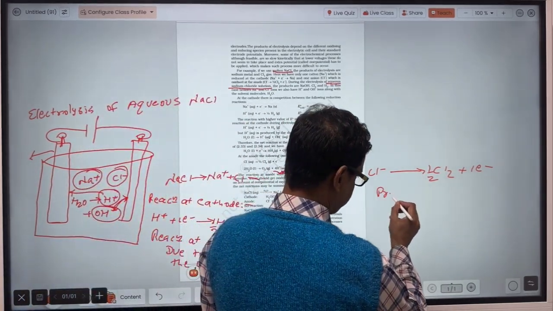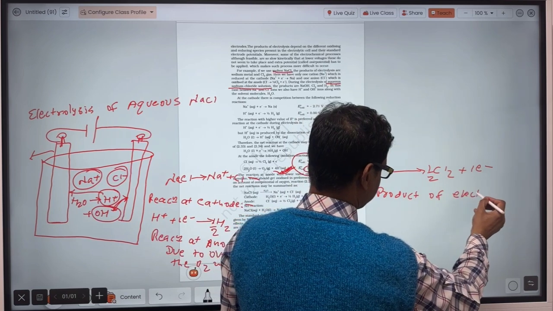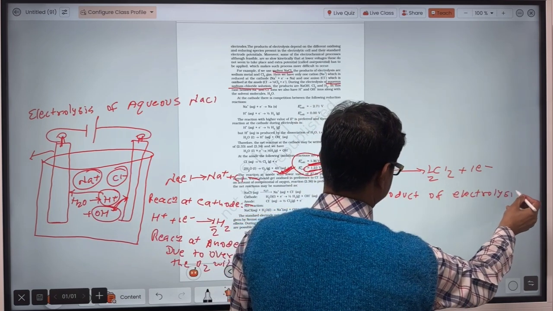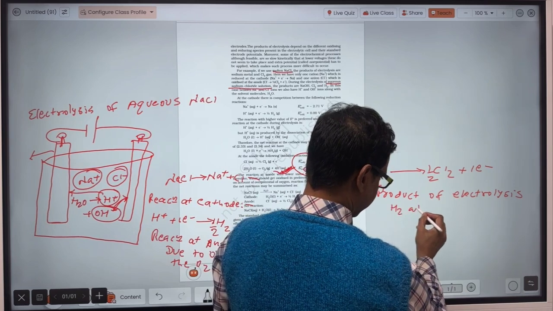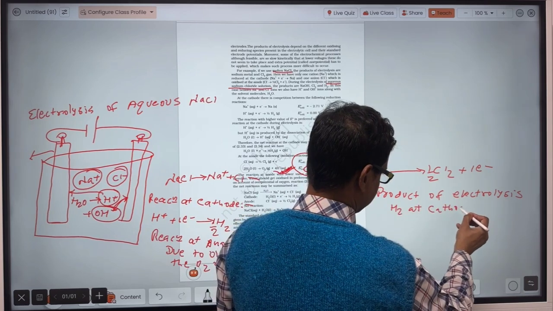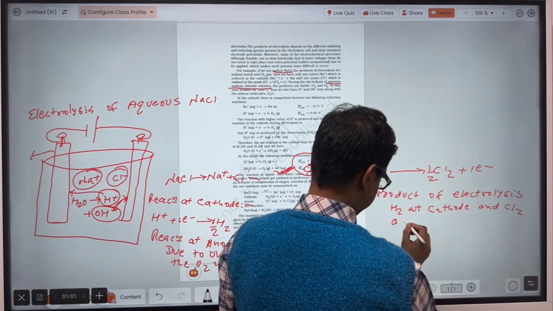So the products of electrolysis will be hydrogen at the cathode and Cl2 at the anode.